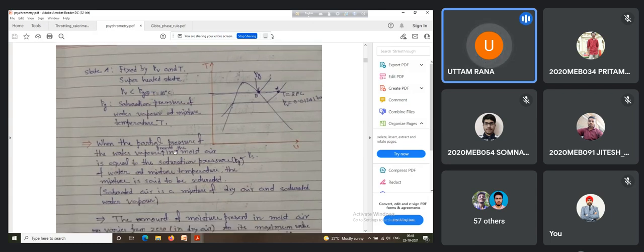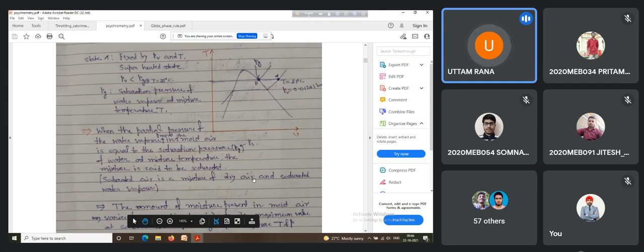So when the partial pressure of the water vapor present in the moist air is equal to the saturation pressure of water at the mixture temperature, the mixture is said to be saturated. So when I talk about a saturated mixture of air and water vapor, it means that the partial pressure of the vapor present in the air corresponds to the saturation pressure at that particular temperature.